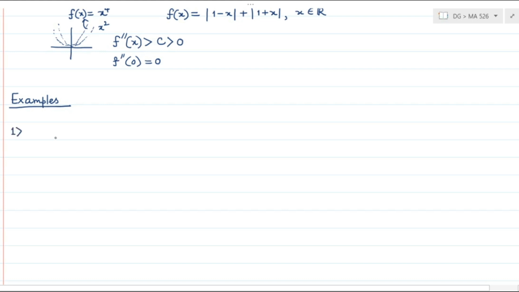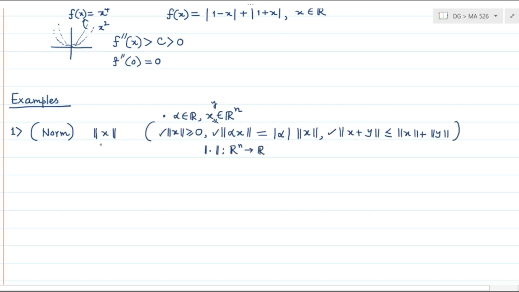The first one: any norm. You take any norm, it can be the L1 norm, the L infinity norm, or the L2 norm. Whatever norm you take, any function that satisfies these three properties is a norm, and a norm is always a convex function.